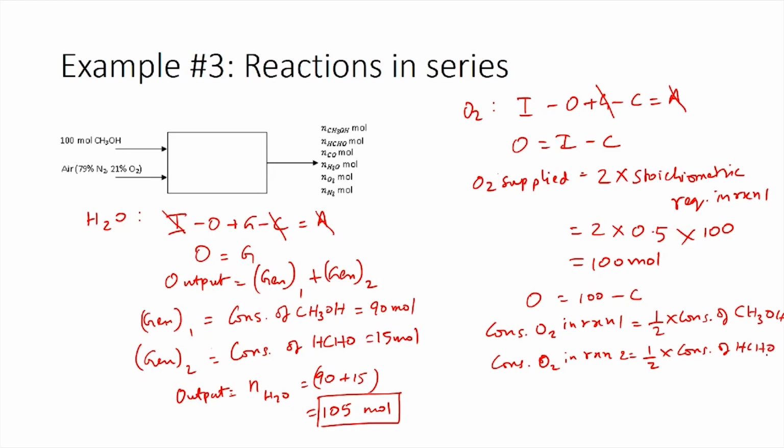So, having this information, the total consumption of oxygen would be 0.5 times 90 plus 0.5 times 15, giving us a total value of 52.5 moles.